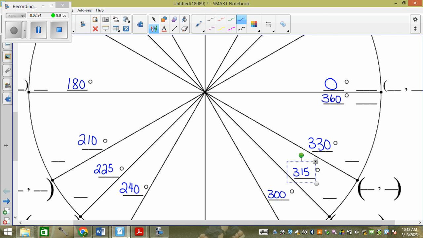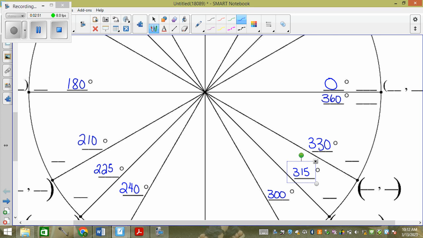Okay? Now, paying attention. Cool thing about the unit circle. The unit circle has a radius of 1.